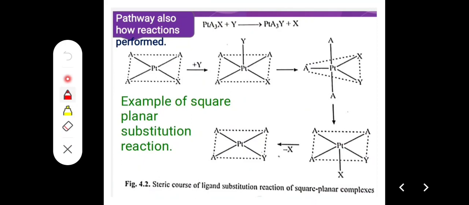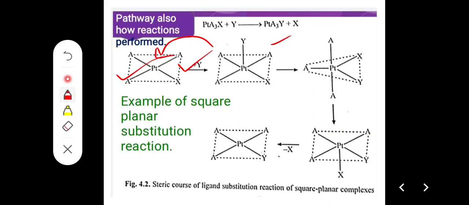For understanding, we take all the ligands except the incoming and leaving group as A. So this is the square planar complex. When Y, the incoming group, attaches from the top view, we get a square pyramidal geometry.